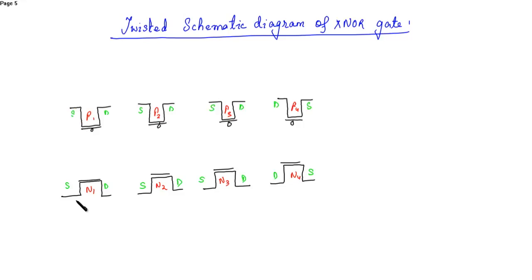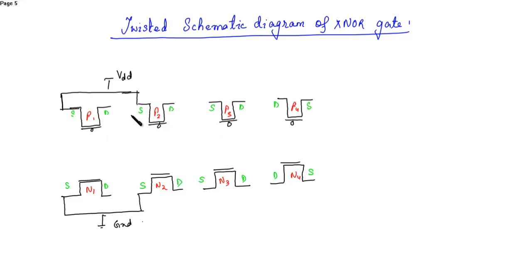So if I say these two are the inverters, then the sources of the PMOS of the inverters are connected to VDD, and the sources of the NMOS are connected to ground.